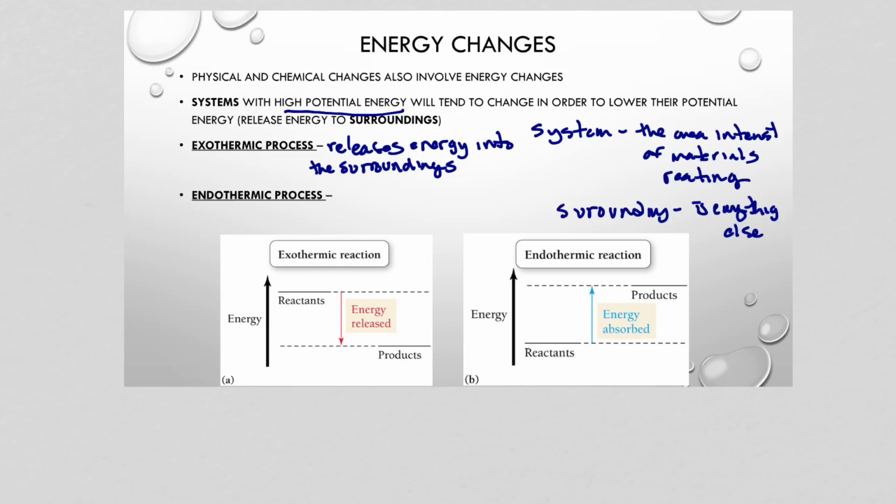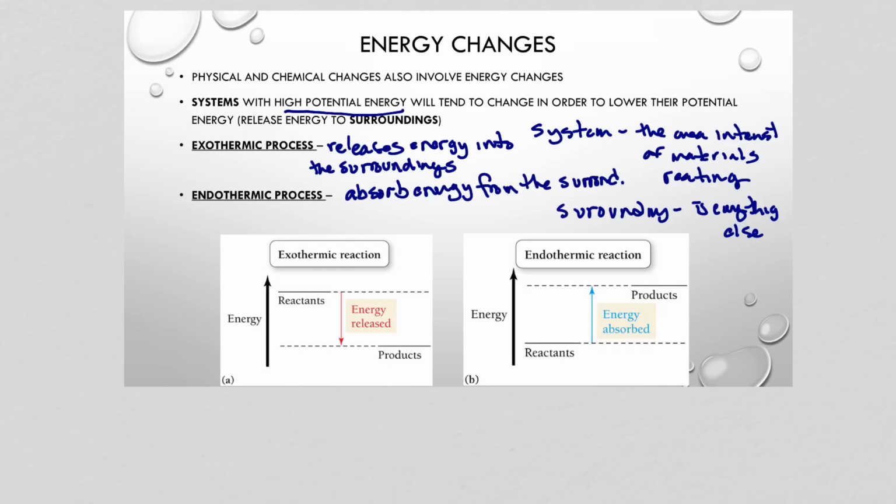In an endothermic process, right, just the opposite is occurring, right? We absorb energy from the surroundings. So energy moves from the surroundings into the system.